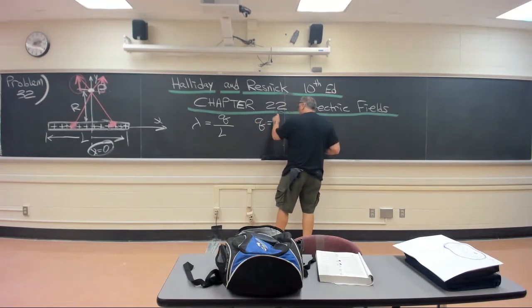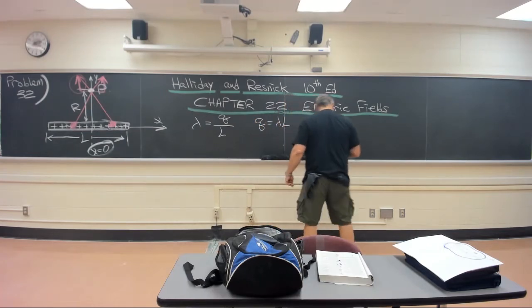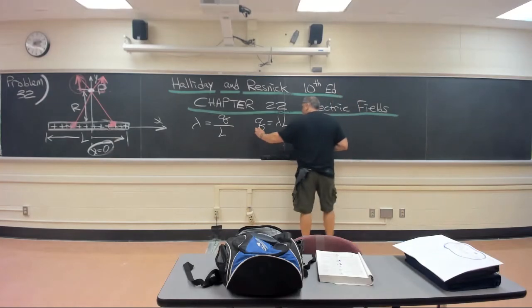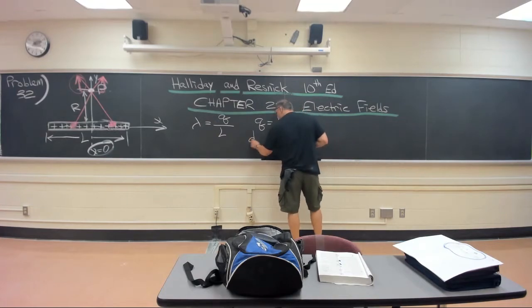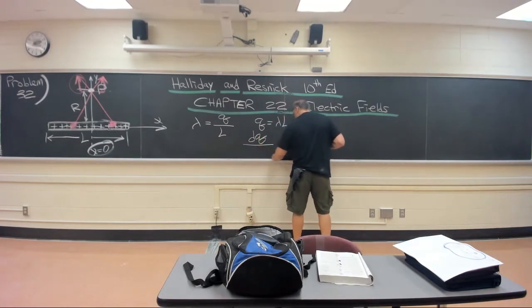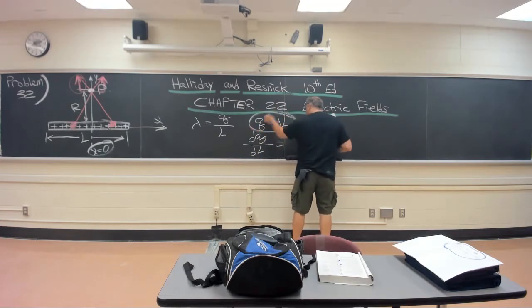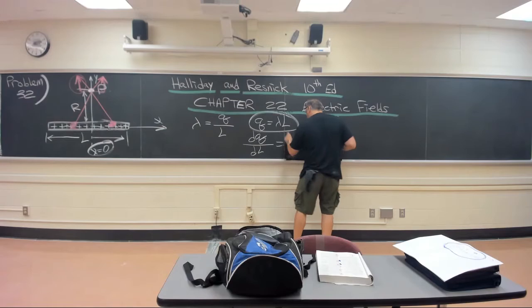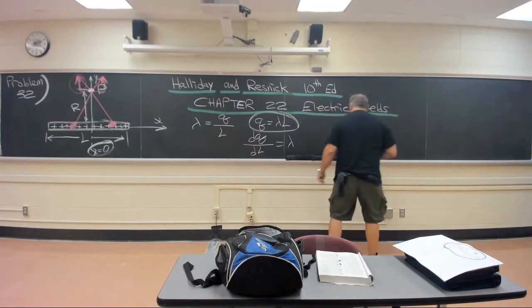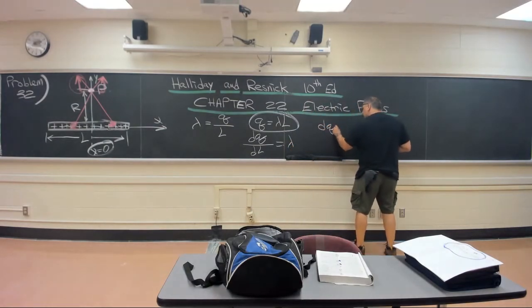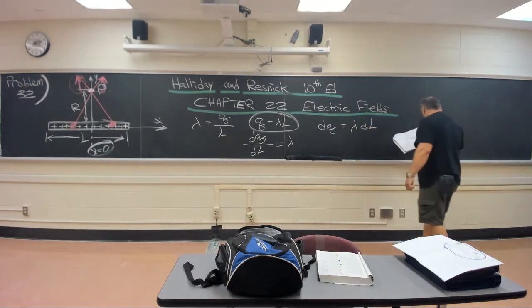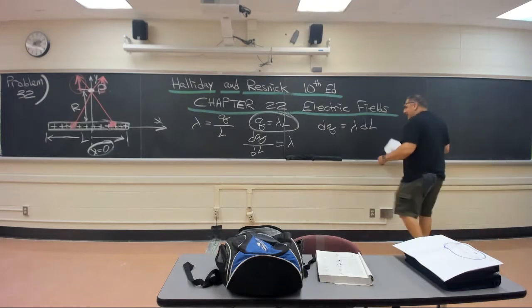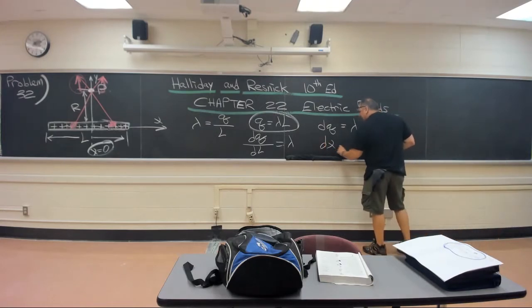Plain and simple, Q equals lambda times L. If you go dq dl on this one, because of the uniformity of the distribution, you get lambda. dq is lambda dl. dl and dx are the same thing.